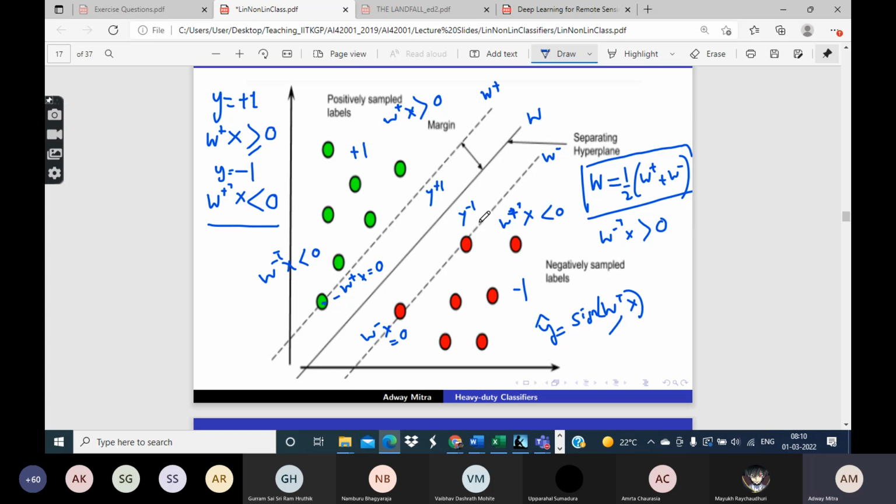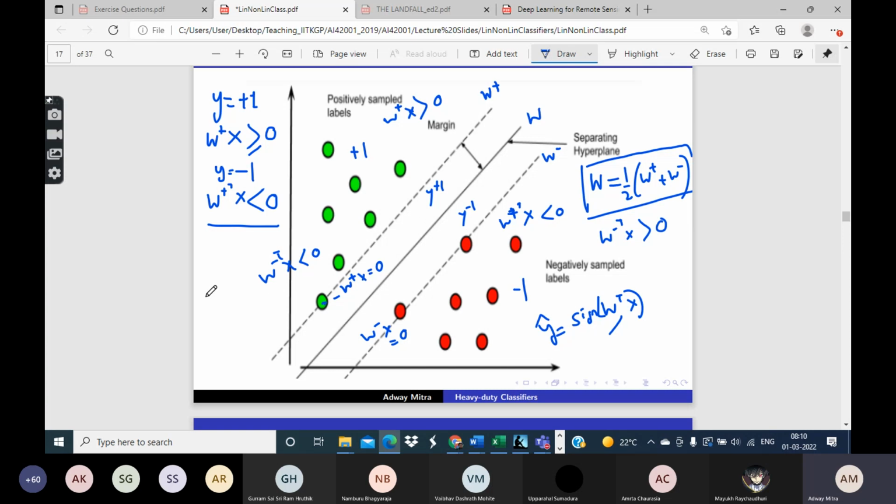Similarly, parallel to this marginal classifier, we will also have another marginal classifier for the red points, like this. We call it marginal because it passes through at least one of the red points. However, none of the red points will be beyond it. All the red points will be either on this side or sitting on it, but not on that side.